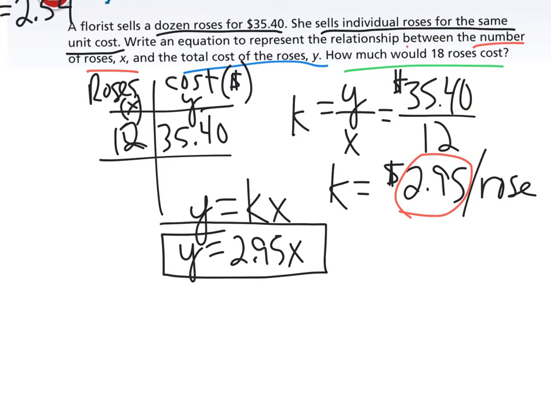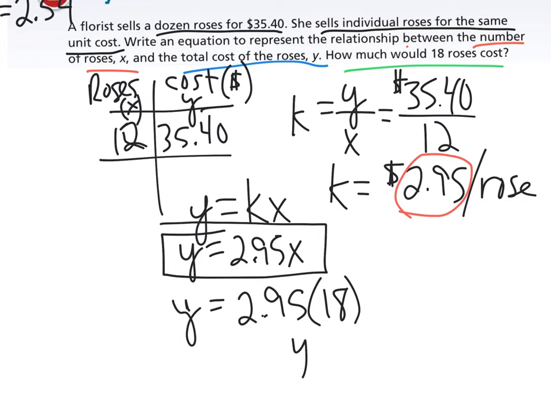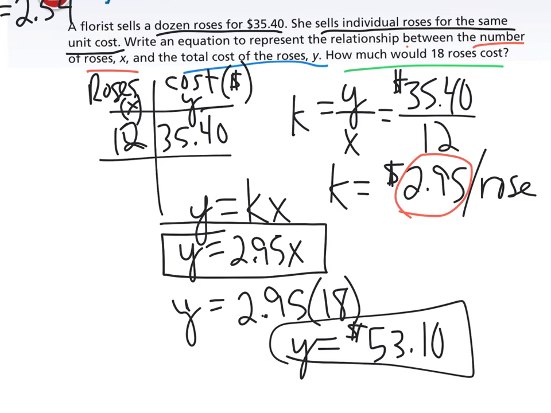To figure that out, we would just multiply 2.95 times 18. Again, we could probably do this without the equation, but that's what they asked us to do, so we'll follow their directions. It's $2.95 a rose times 18 roses. Kind of makes sense what we're doing here. If you work that out, it should be $53.10 for 18 roses.